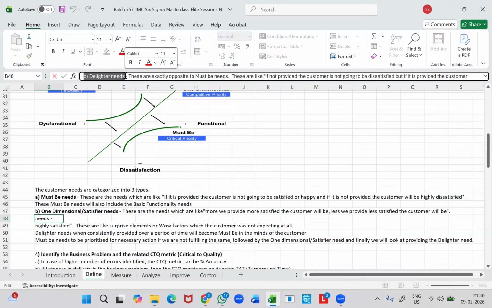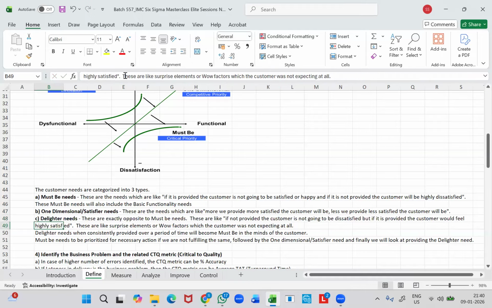So what is the delighter need? This is exactly opposite to the must be need. If provided or if not provided, the customer is not going to be dissatisfied. But if provided, the customer would feel highly satisfied. These are like surprise elements or wow factors which the customer was not expecting at all.